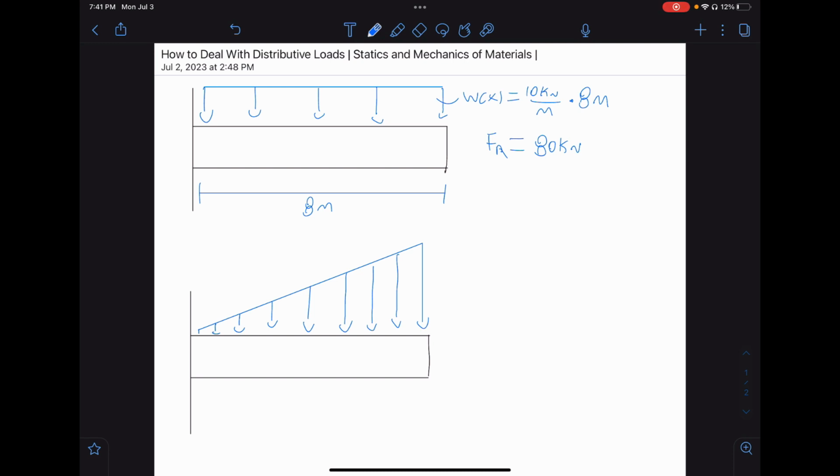Where is the force acting that makes it equivalent to our distributive loading? Well, for a rectangle or a square, it's really easy. It's just at the midpoint. So this is acting along the entire beam, and the beam is 8 meters. So our midpoint is actually 4 meters, 8 divided by 2, right? So it's acting at 8 over 2, which is equal to 4 meters.